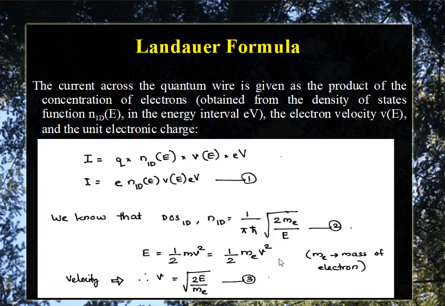From this equation, the velocity is v equal to the square root of 2E by m_e, that is equation number 3.